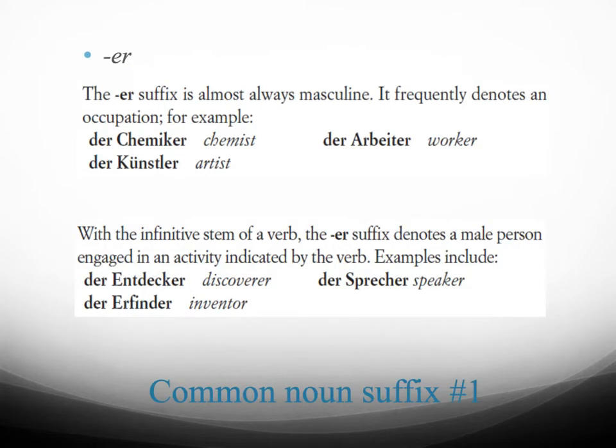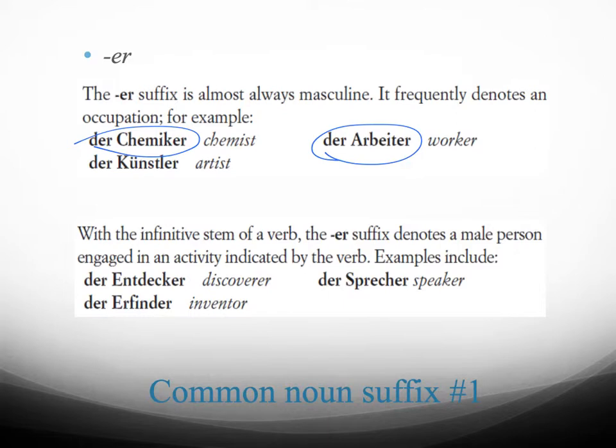Now the last thing has to do with suffixes. When you see this suffix on a noun in the nominative case, der Chemiker, der Arbeiter, know that it is masculine.